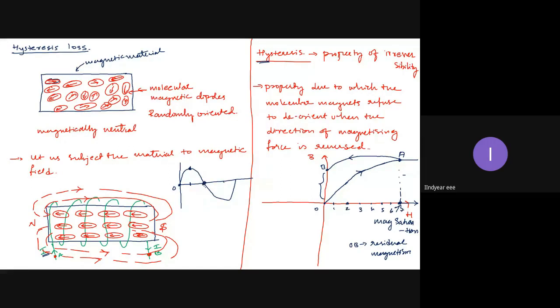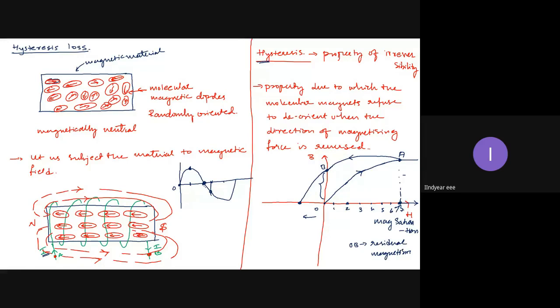Now, what happens at 180 degrees? After 180 degrees, current starts increasing in the opposite direction. If I want to make this magnetization 0, then I should increase the current in the opposite direction. It will take some more current to make the magnetizing force 0. So somewhere here, the magnetic flux density becomes 0.